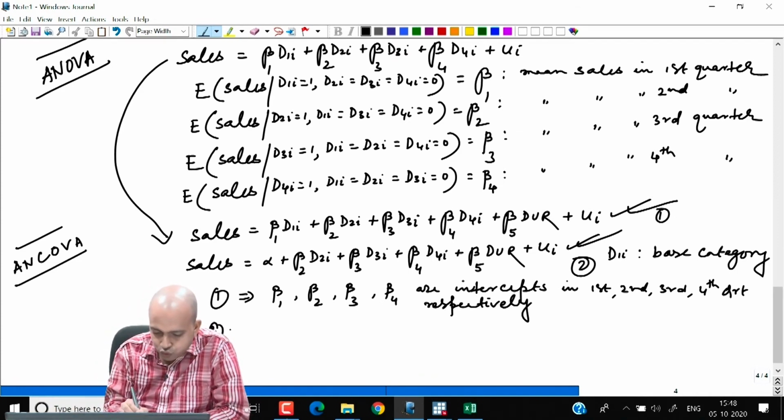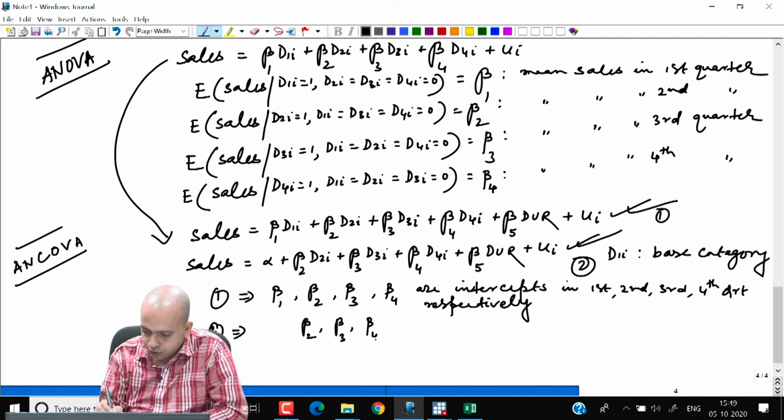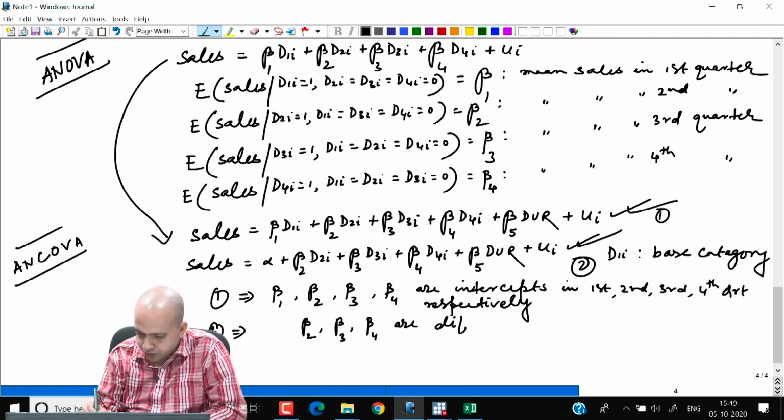But in model 2, beta 1 is not there. In model 2, beta 2, beta 3, beta 4 are differential intercept.